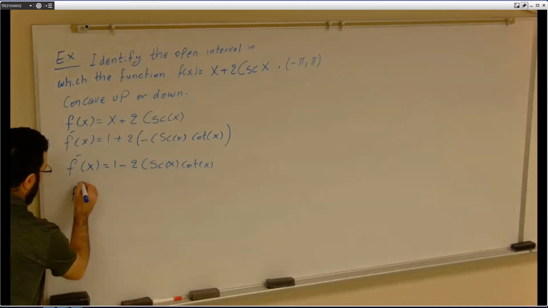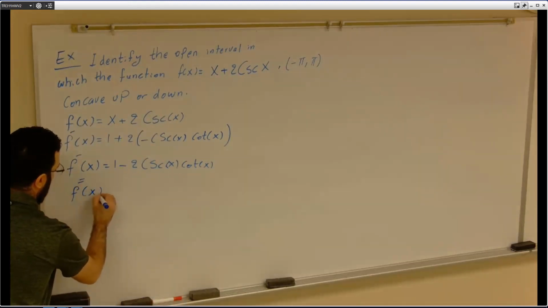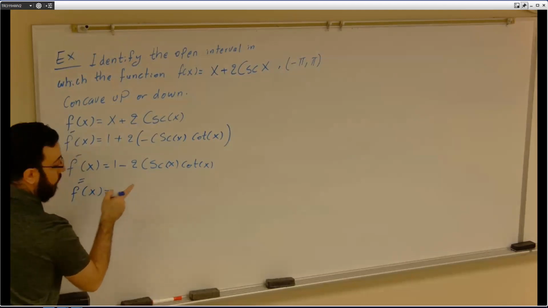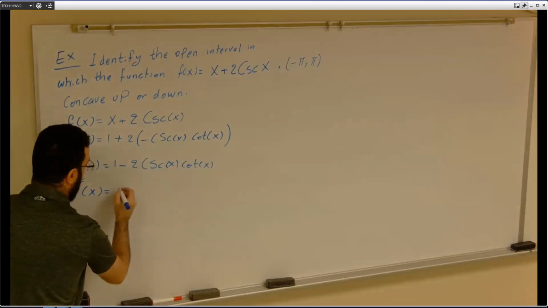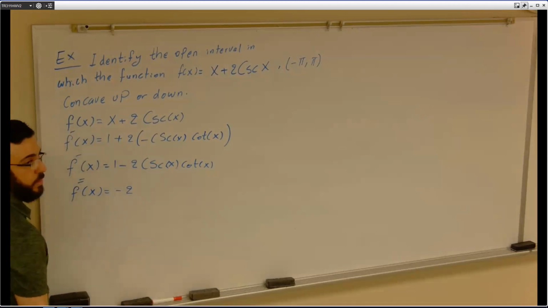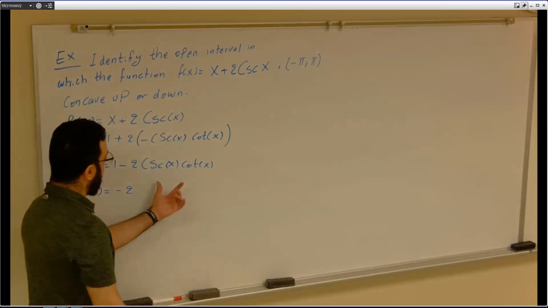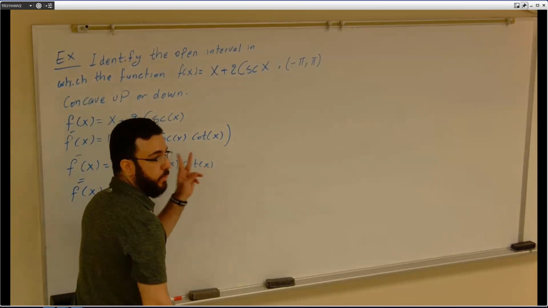The second derivative f double prime of x: I'm going to take -2 out, and find the derivative of the product of cosecant and cotangent, two functions.